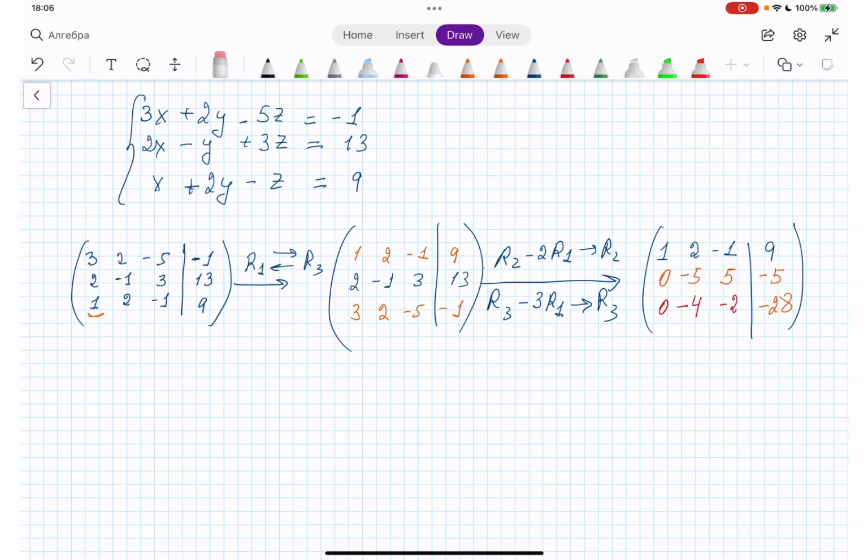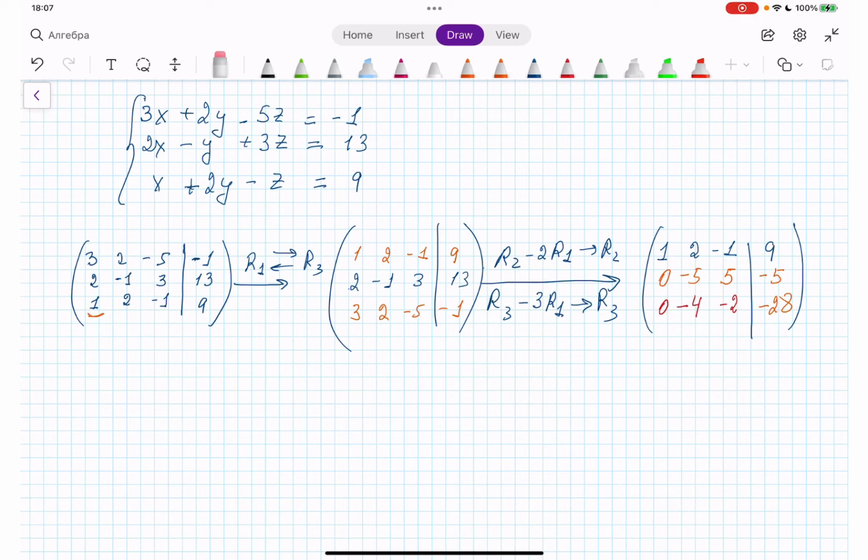Okay, so we have -5. What can I do? If you just convert a matrix to echelon form without any given system of equations, you can leave it as -5.